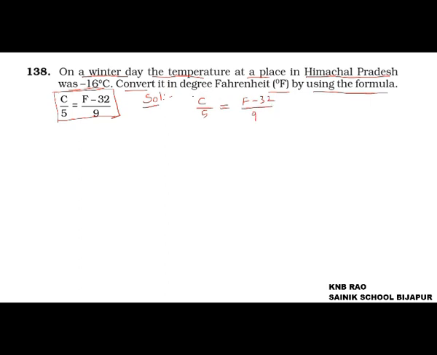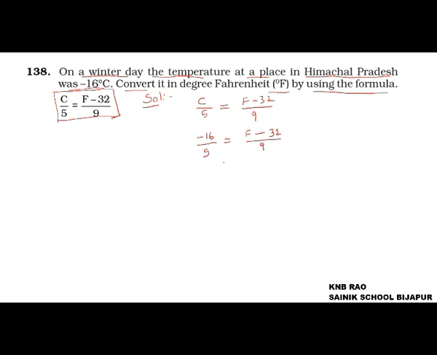We are supposed to replace minus 16 degree Celsius in the place of C. Minus 16 upon 5 equals to, we don't know what is Fahrenheit corresponding to that, so we will take F as it is, minus 32 upon 9.